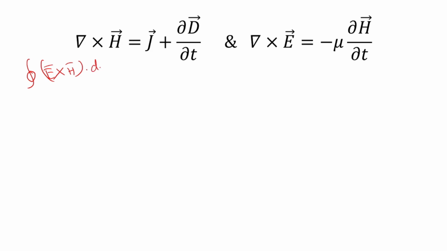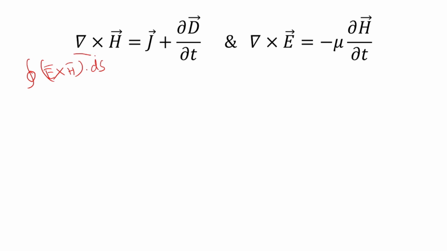Because as we have seen already, E bar cross H bar is the direction of EM wave propagation. So the amount of energy is the closed surface integral of E bar cross H bar. Let us see how this closed surface integral of E bar cross H bar can be obtained using Maxwell's equation.